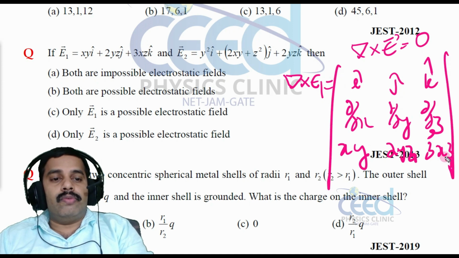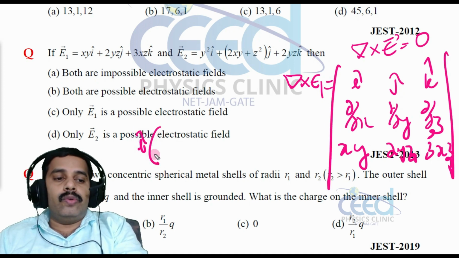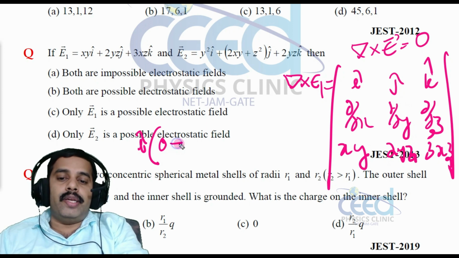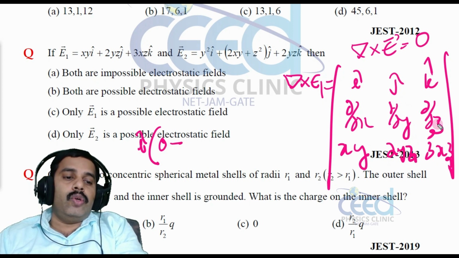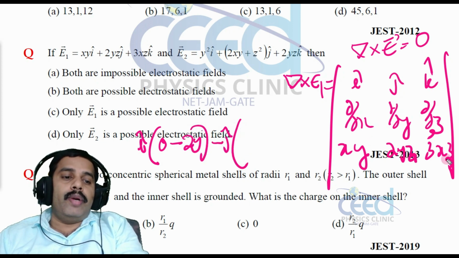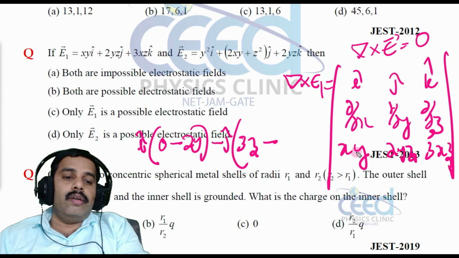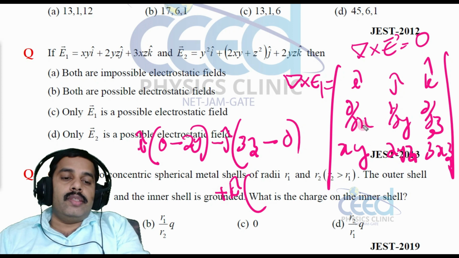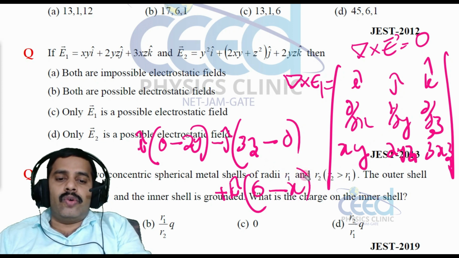When we expand this, i cap into dou by dou y of 3xz, this will be 0, minus dou by dou z of 2yz, that means 2y, minus j cap into dou by dou x of 3xz, this is 3z, plus k cap into dou by dou x of 2yz, again 0, minus dou by dou y of xy, that is x. So this is not equal to 0, right?